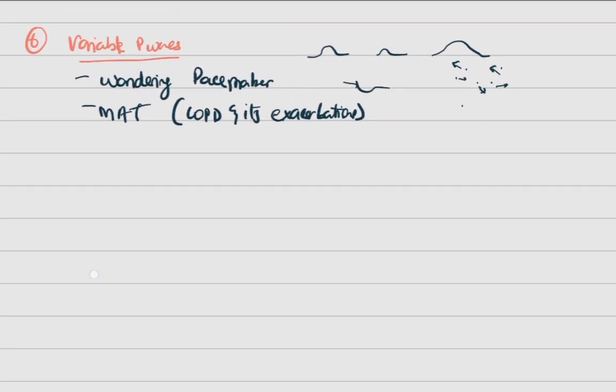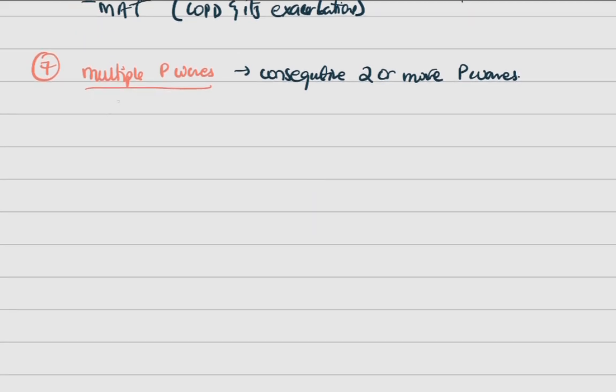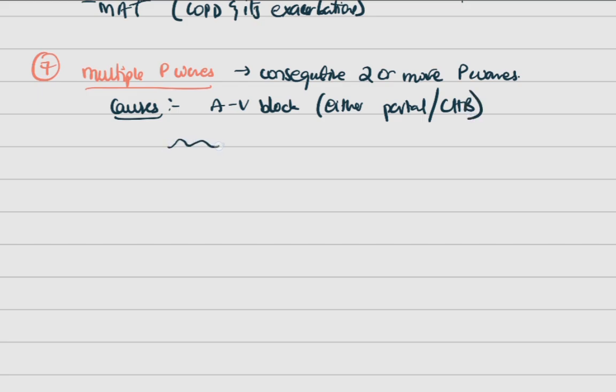And finally we have to discuss the causes for multiple P waves. So when do we call this multiple P waves? When you have consecutive 2 or more P waves. That's when you call this multiple P waves. Causes could be like AV block, either partial or complete heart block, where you get 2 P waves, then a QRS complex, sometimes 3 P waves and a QRS complex.